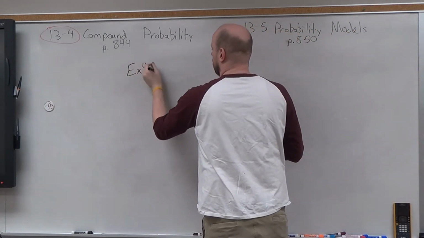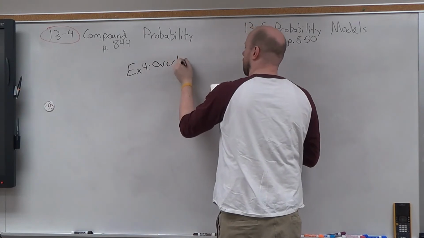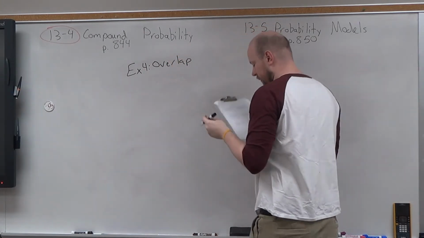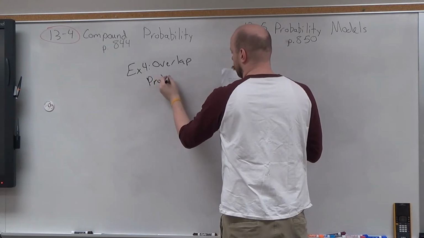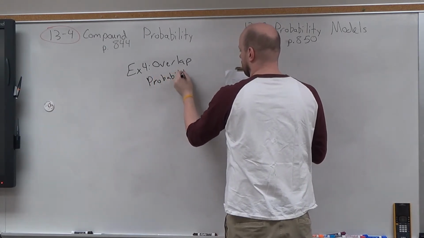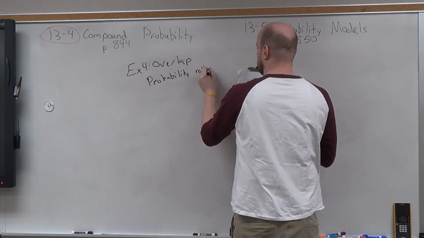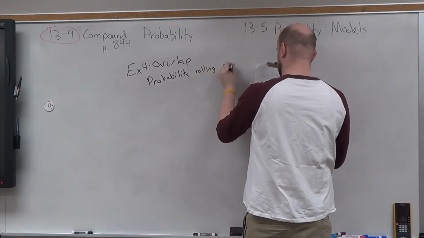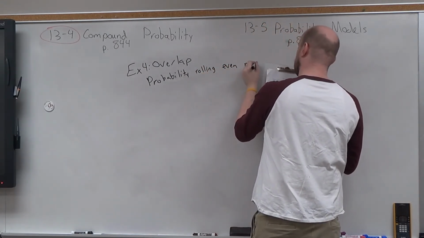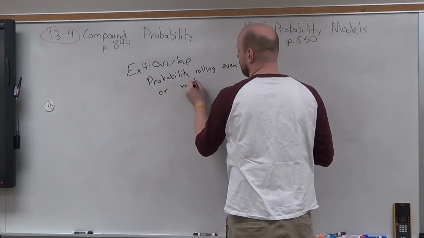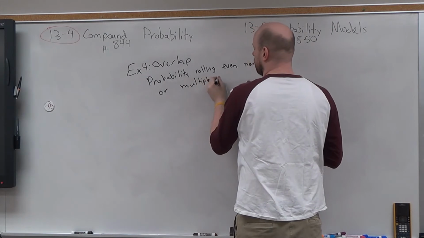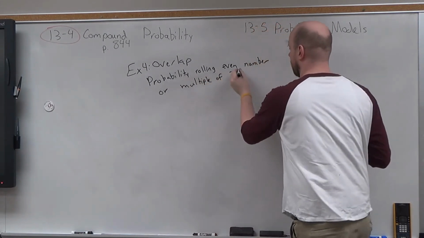Example 4, overlap. So let's see, what is the probability of rolling an even number or a multiple of 3?